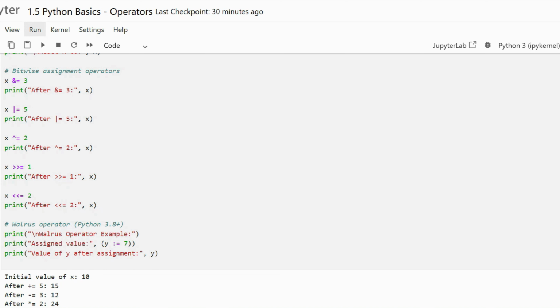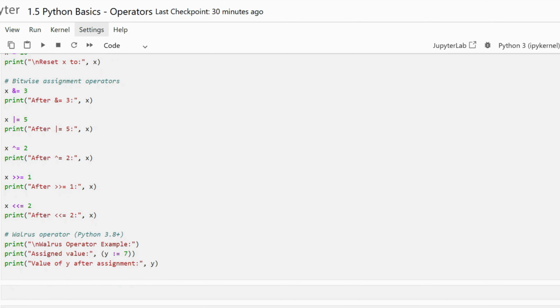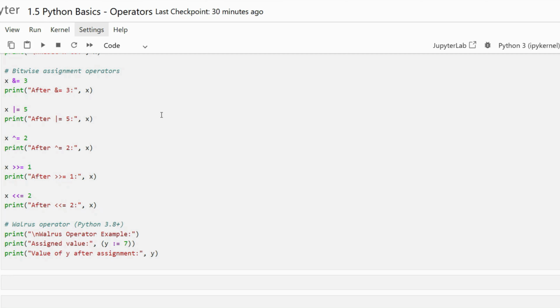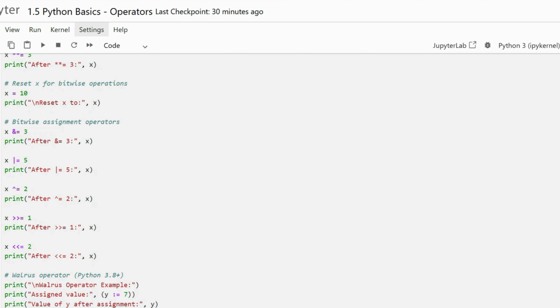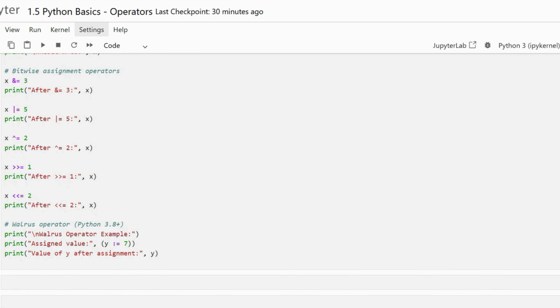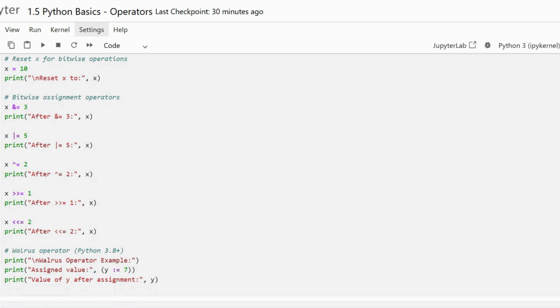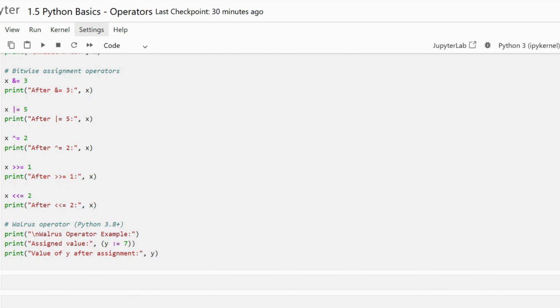X pipe equal to 5 gives you 7, operating the OR operator. X caret equal to 2 gives you 5 by using the XOR operator. X greater than greater than equal to 1 gives you 2. A right shift moves bits to the right, discarding the least significant bit.